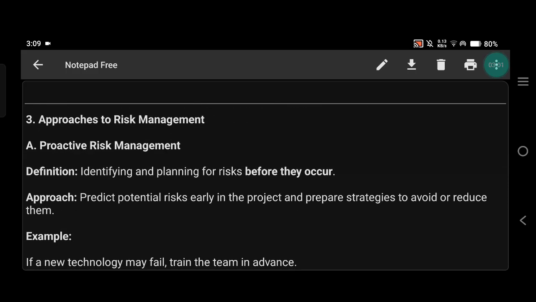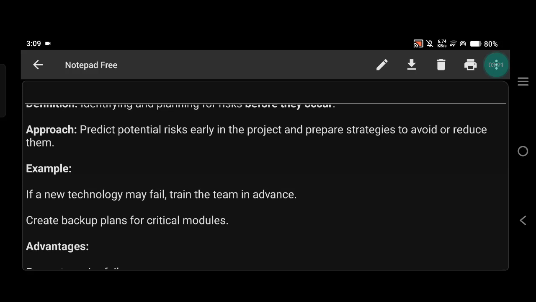Third is approaches to risk management. A. Proactive risk management. Definition: identifying and planning for risk before they occur. Approach: predict potential risk early in the project and prepare strategies to avoid or reduce them.